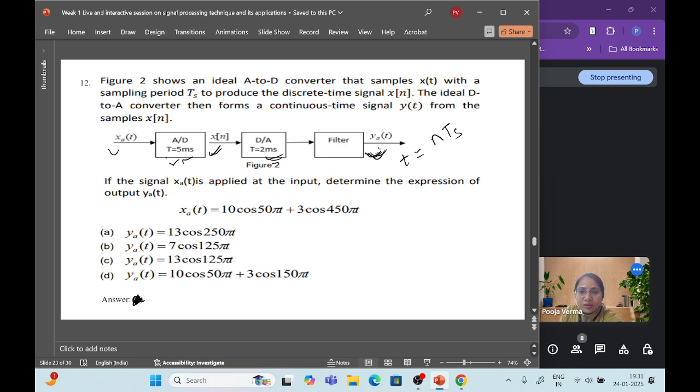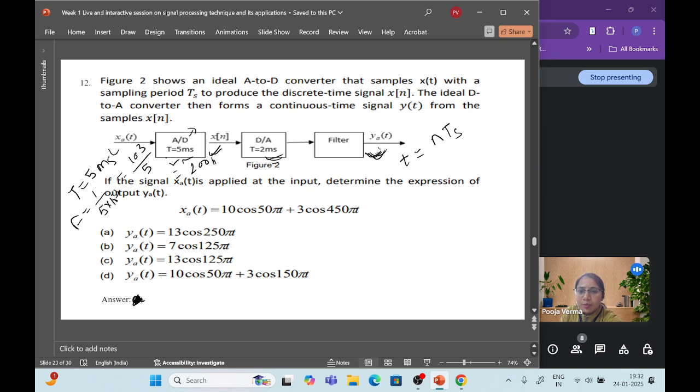From here, for the analog to digital converter, T is given, that is 5 millisecond. From here, you can calculate F also, 1 by 5 millisecond, right? So 10 to the power 3 divided by 5. What will you get? 200 hertz.